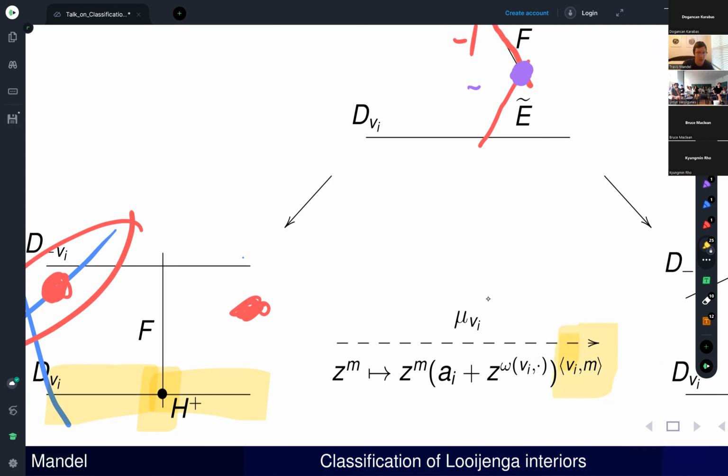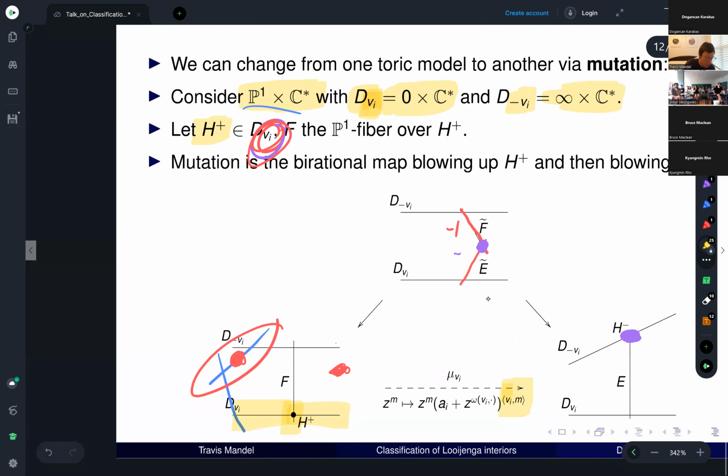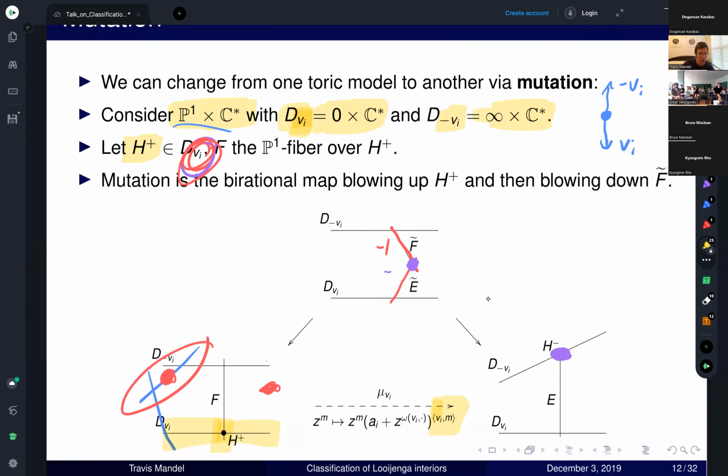So that would basically correspond to you mutate and mutate again and mutate again. Like you're mutating 3 times at once, or index of v_i many times at once. So you do this, blow up, blow down, blow up, blow down, blow up, blow down, and when you do all 3 of those at once, you only see the final exceptional divisor. The first 2 are being contracted.